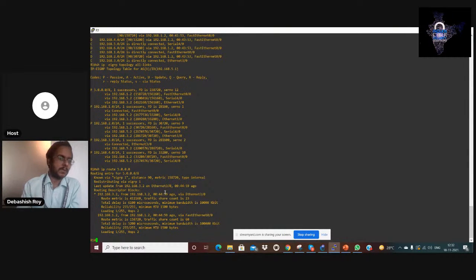All is achieving the load balancing across the unequal cost links. So this is about the unequal cost load balancing using the variance multiplier that I've shown you practically how to configure variance. And also I've discussed the theory part also.